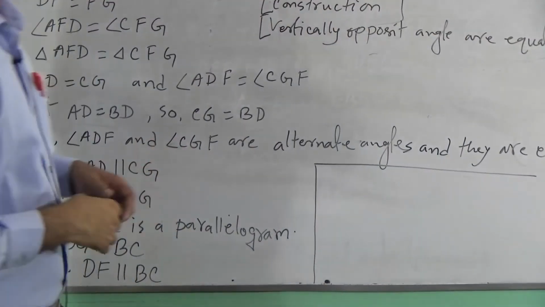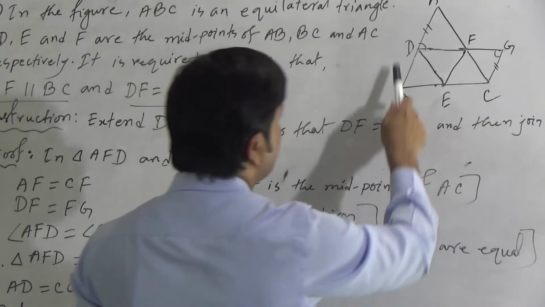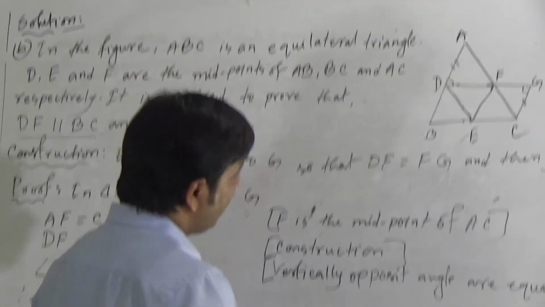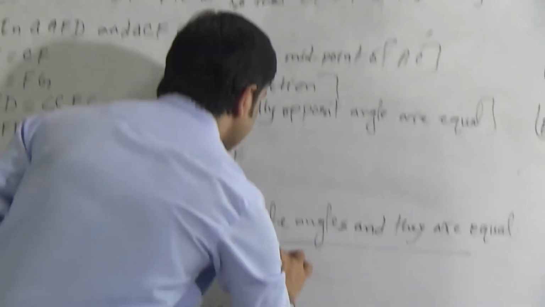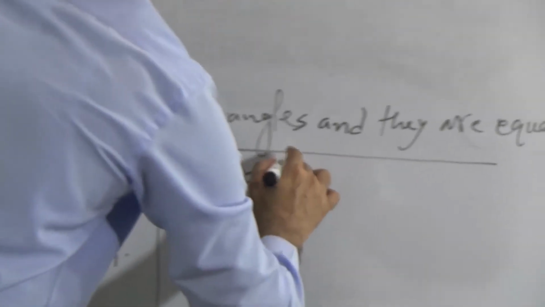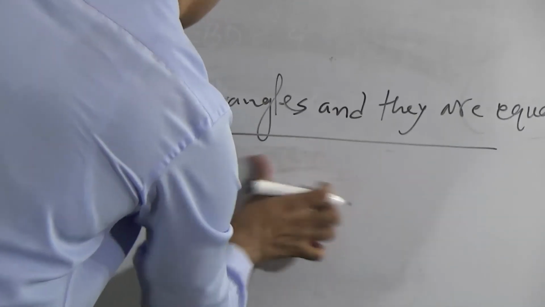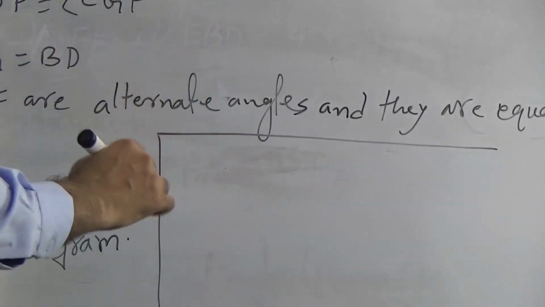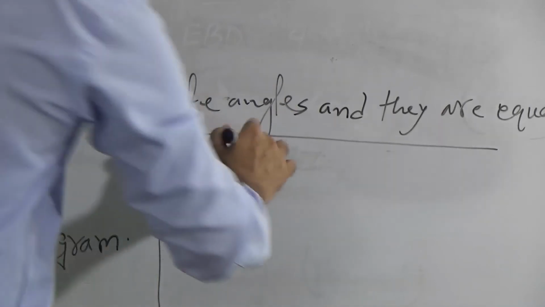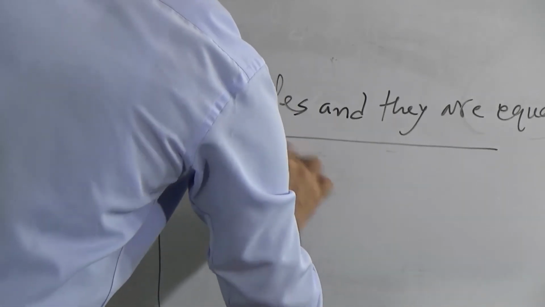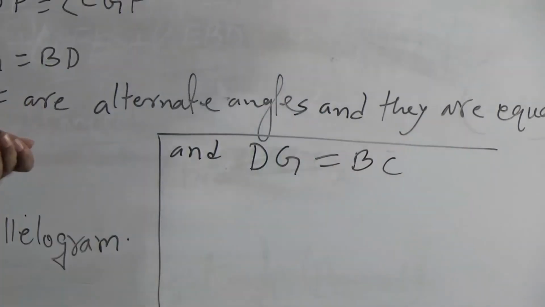Since BDGC is a parallelogram, opposite sides of a parallelogram are equal, so DG is equal to BC.